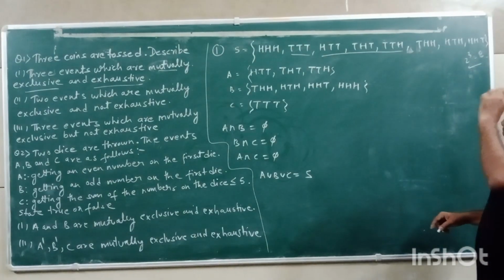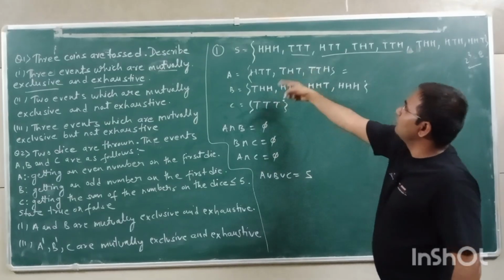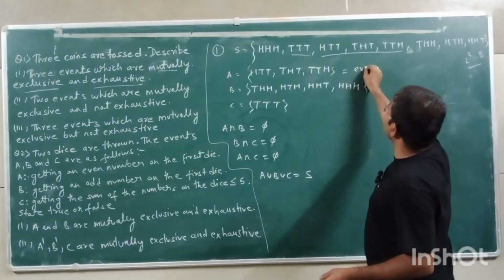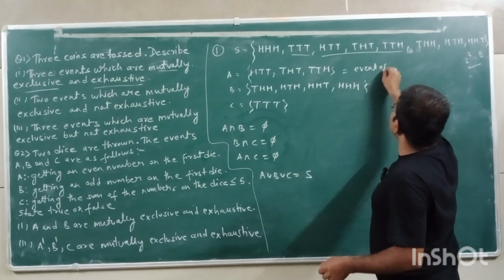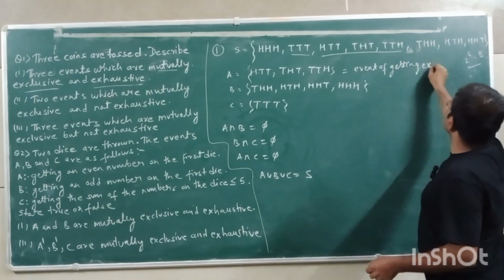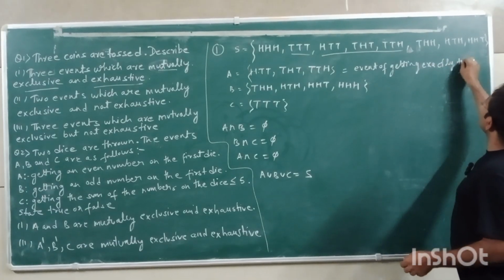How will you define these? In this event, every element has two tails, so this event is the event of getting exactly two tails.